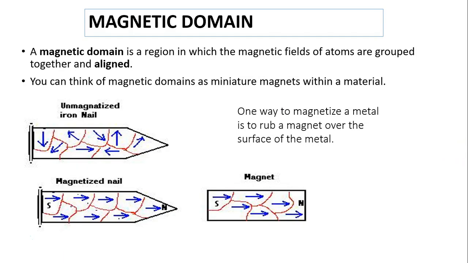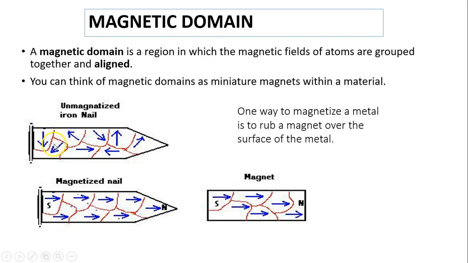Magnetic domain. A magnetic domain is a region in which the magnetic fields of atoms are grouped together and aligned. Let's take a look. Here is an unmagnetized iron nail. In this area, all the atoms' electrons spin in the same direction. And here is another one in the same direction.